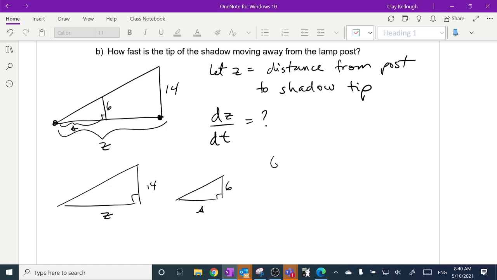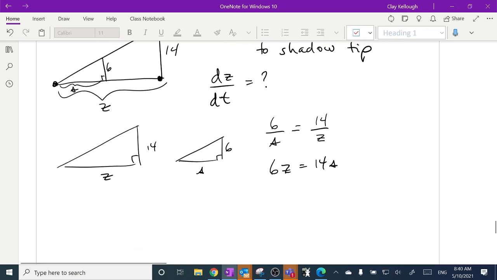So 6 over s is equal to 14 over z. And let's make a formula out of that. 6z is equal to 14s. So divide both sides of the equation by 2. 3z is equal to 7s.